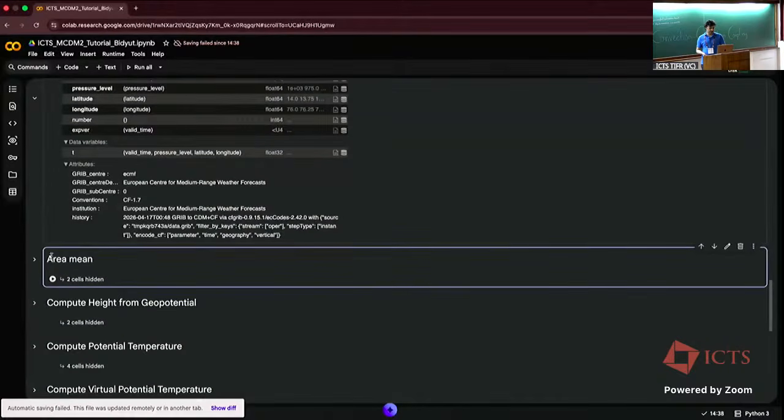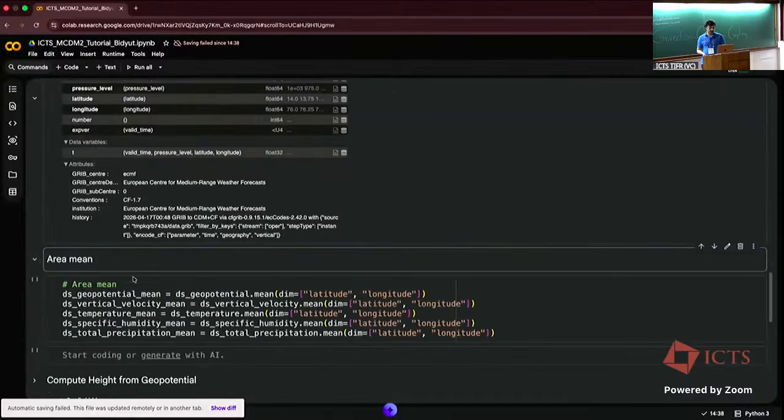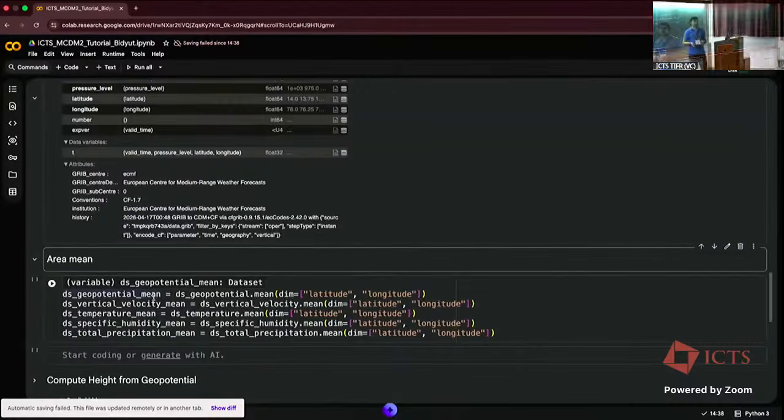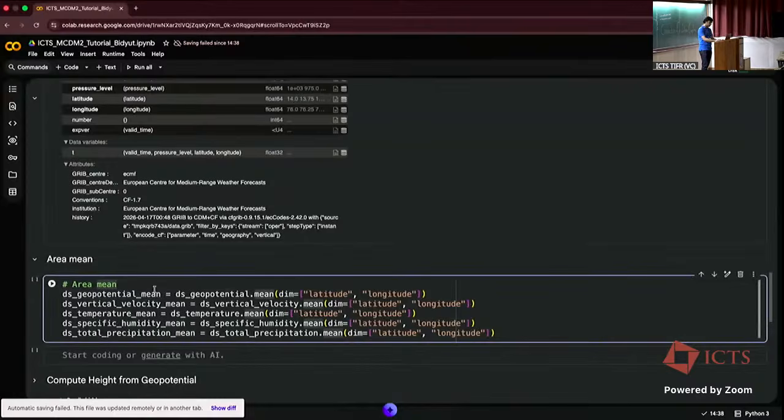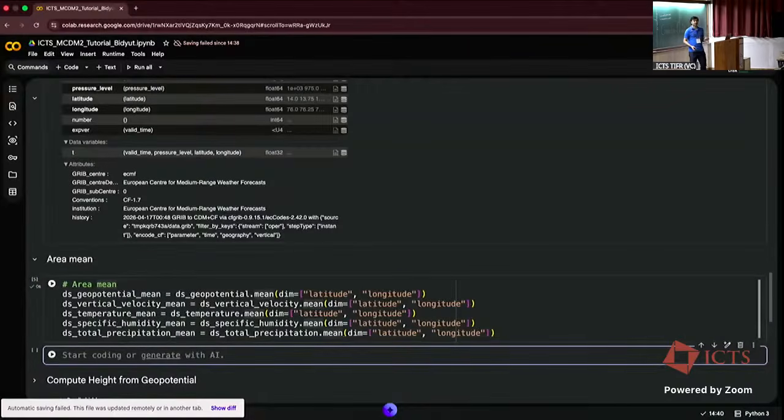Next, I will compute area means for that region that I had mentioned before. I'm not caring for any spatial variability within that box.